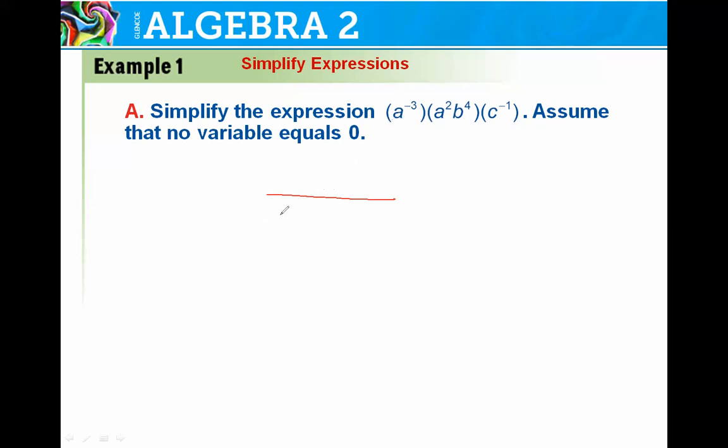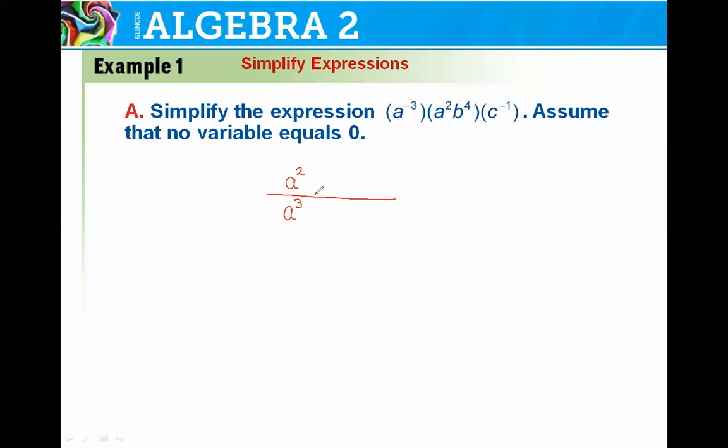Here we have a up, so it will go down, so it will be a to the power 3. Okay. So then a with power 2. Is this power positive or negative? Positive. So it goes up. Yes. So it's a to the power 2.